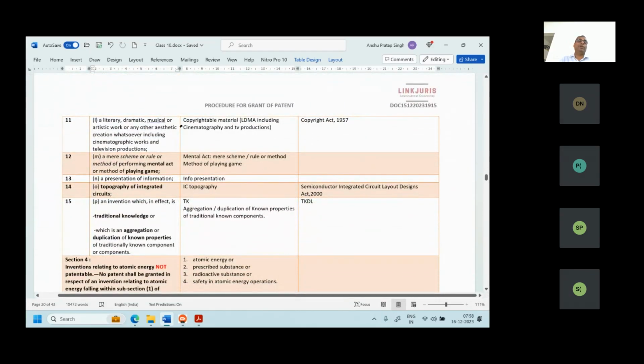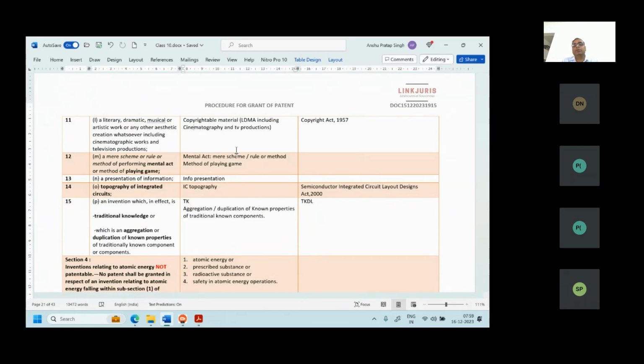Now comes LDMA. I have already told you that any literary, dramatic, musical, or artistic work cannot be patented because these are all copyrightable material. That is how you remember LDMA, where TV and cinema, sound recordings, all of those come in. It will not be patented. It will go for protection under the Copyright Act, 1957, where the threshold is that it be original. That's it, simple. You have expressed it, it's original, it has not been copied from somewhere else, and you will get the copyright.